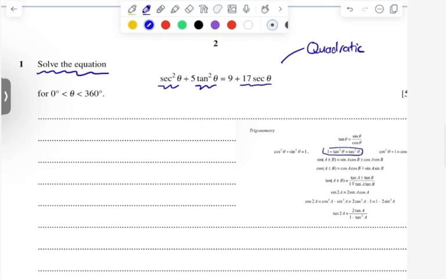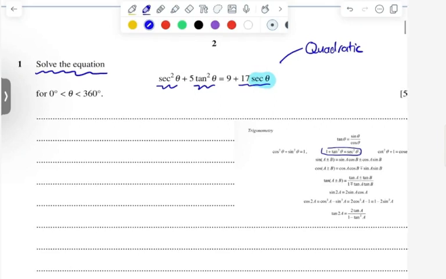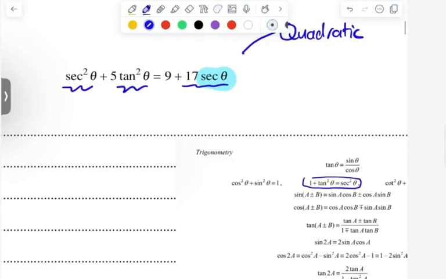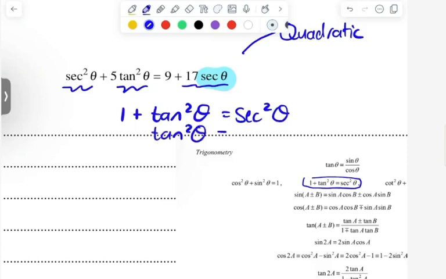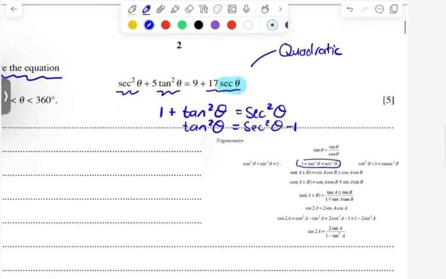Because my middle term is sec theta, that one is not easy to change. So I'm going to change my tan squared theta into sec squared. We've got 1 plus tan squared theta is equal to sec squared theta. I usually make the term that I want to get rid of, tan squared theta, the subject of the formula.